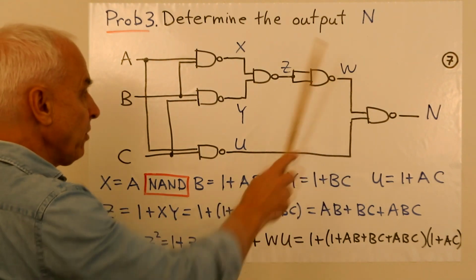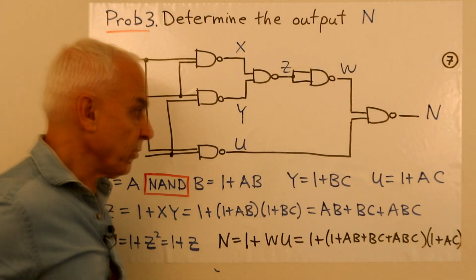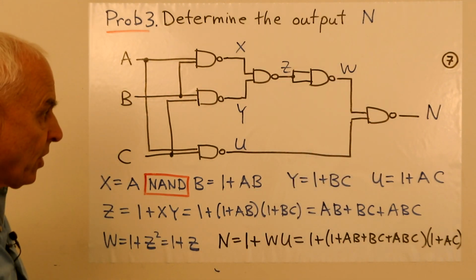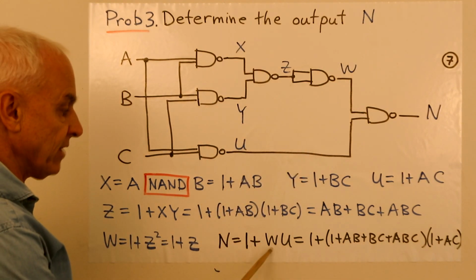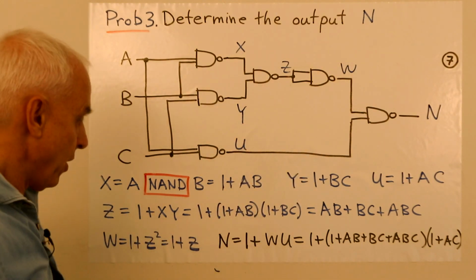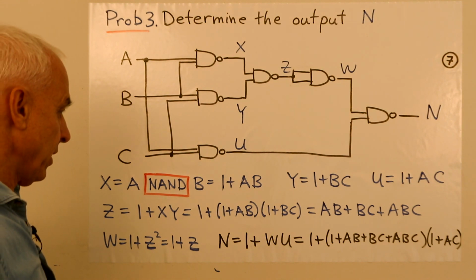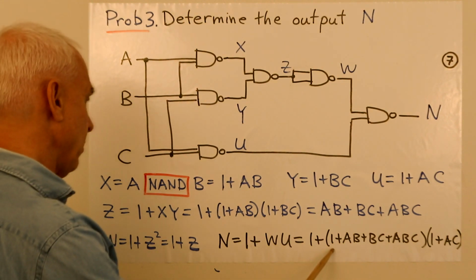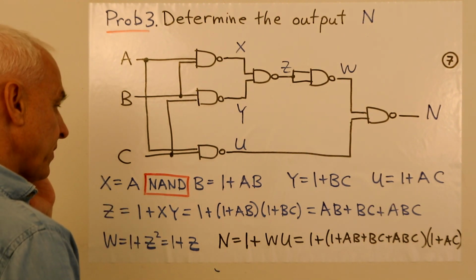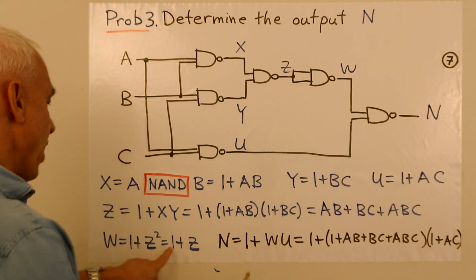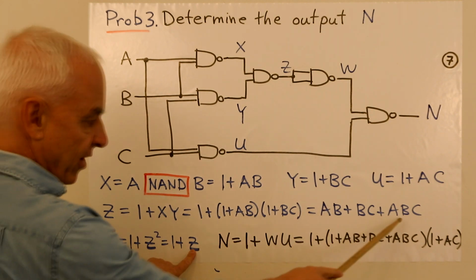Okay, so now we have W there, and now we can finally get what we're interested in, which is N, which is the NAND between this W and this U. So it's 1 plus WU. Okay, what was W? Well, here's U. Where was U? U is 1 plus AC right there, and the W is 1 plus Z, okay, and Z was this.